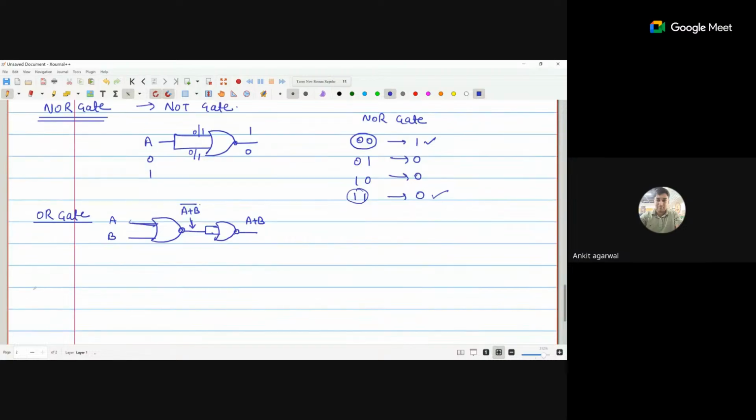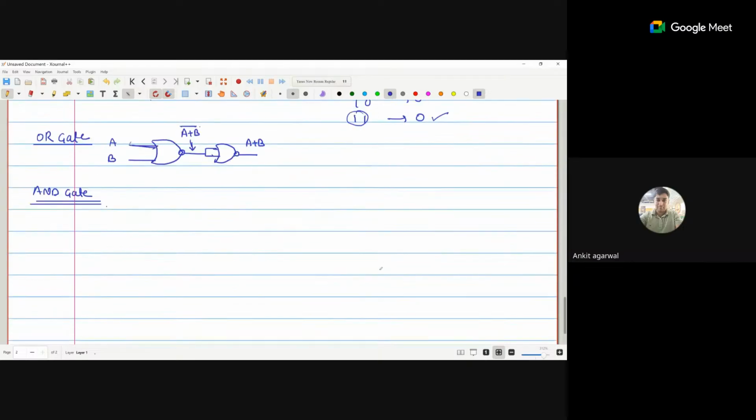Now the AND gate. That implementation is similar.